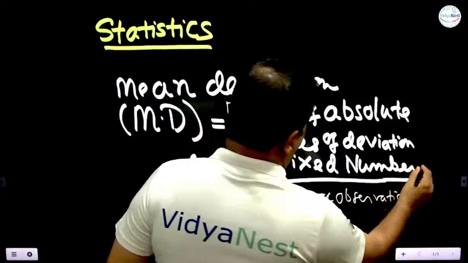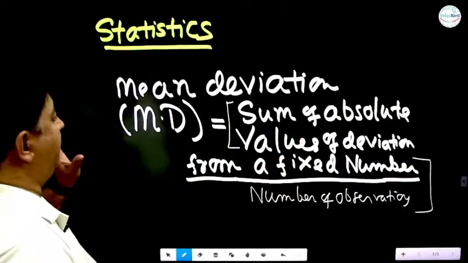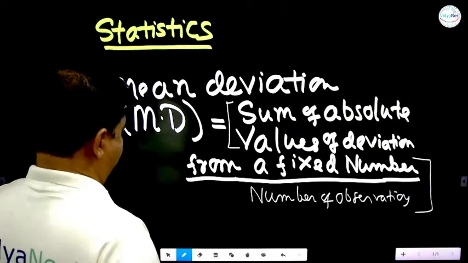So that is the definition of mean deviation.